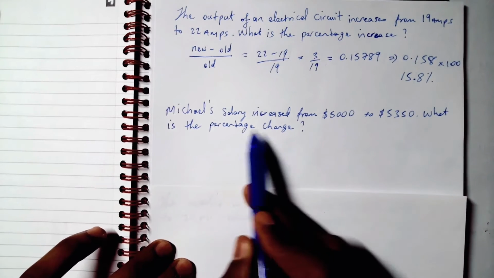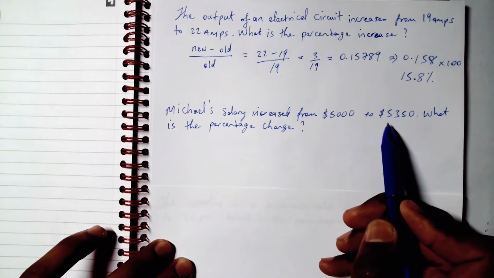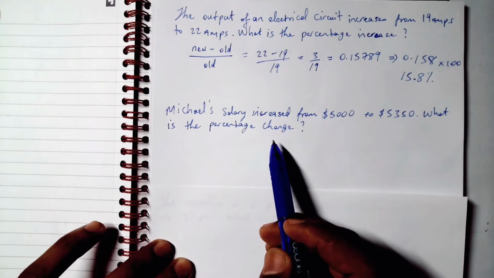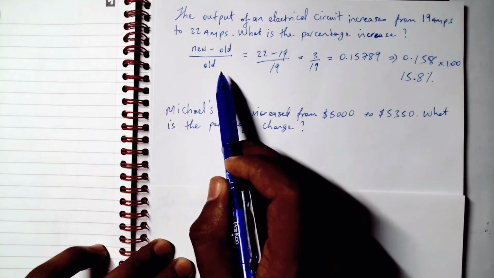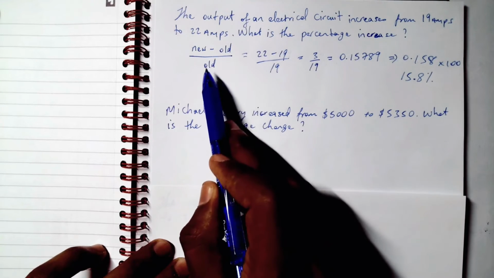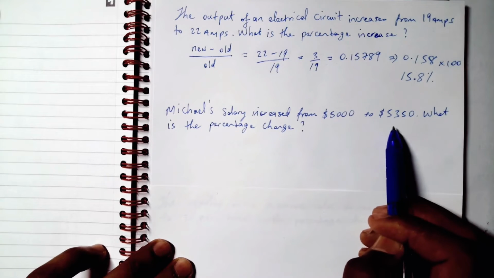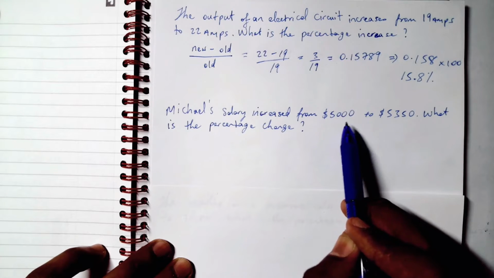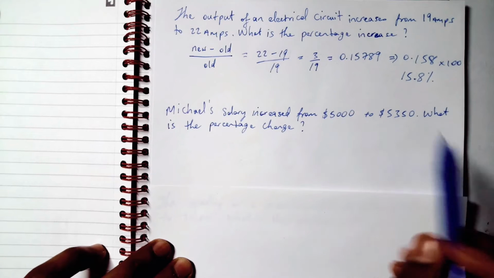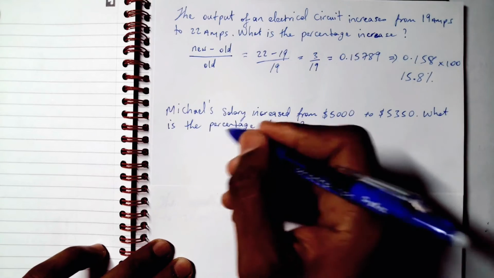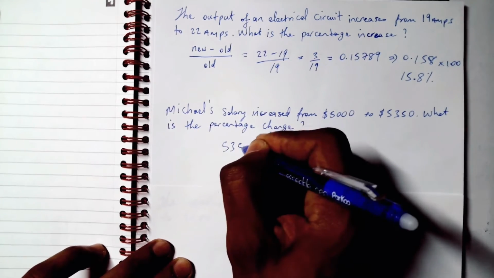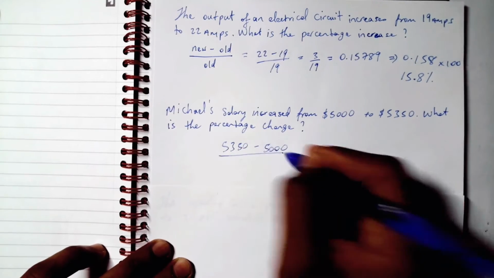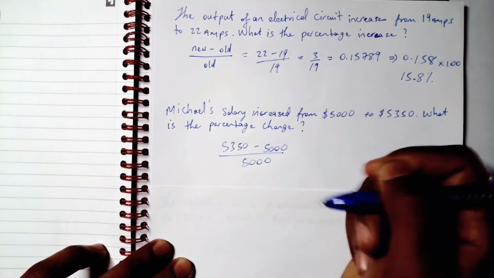Michael's salary increased from 5,000 to 5,350. What is the percentage change? Same formula. New minus old divided by old. The new is 5,350. The old is 5,000. Put this into the formula. We get 5,350 minus 5,000 all over 5,000.